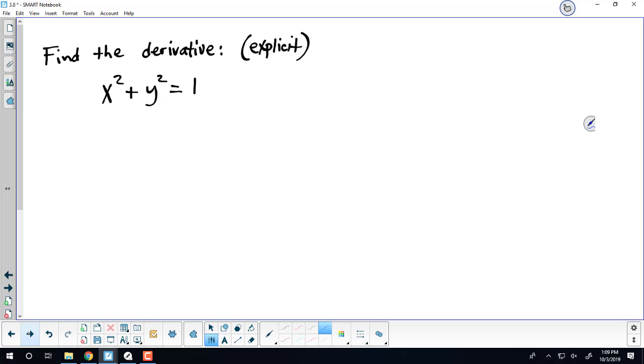So explicitly, to take the derivative of this, we have to solve for y first. And so y is, as we wrote on the first page, the plus or minus square root of 1 minus x squared. So notice we have two different functions.